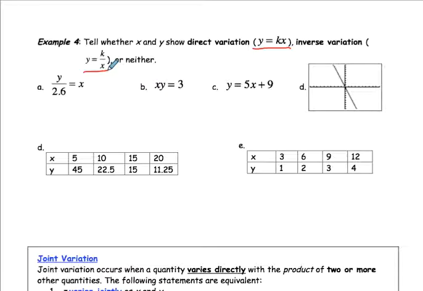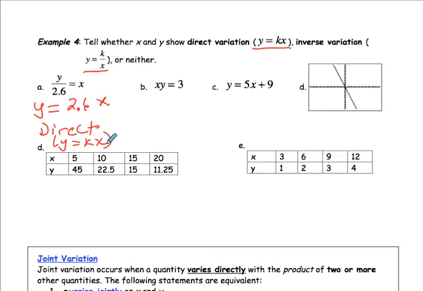So in the first model, I have y divided by 2.6 equals x. I can rewrite this as y equals 2.6x. So this is an example of direct variation, right? We're just putting this into the form y equals kx.